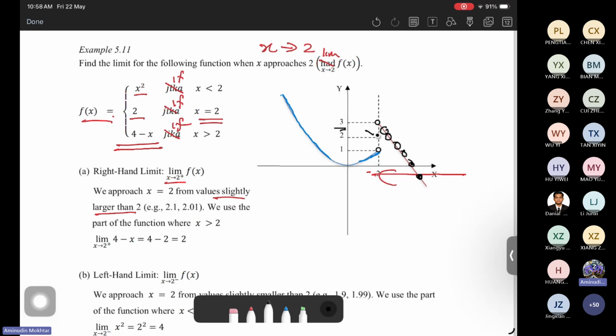I will check this function because there is a 4 minus x when x approaches 2 or when x approaches 1. Okay, wait a minute. I need to check this function first.